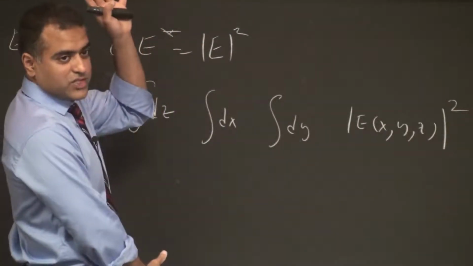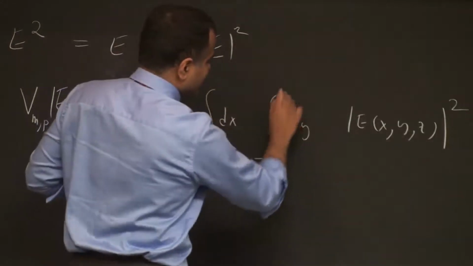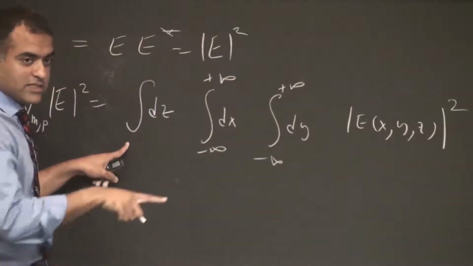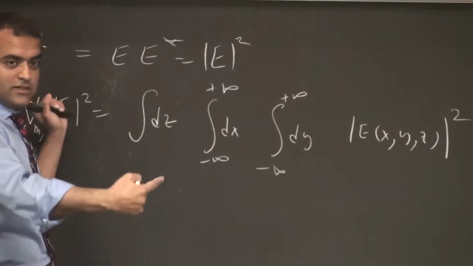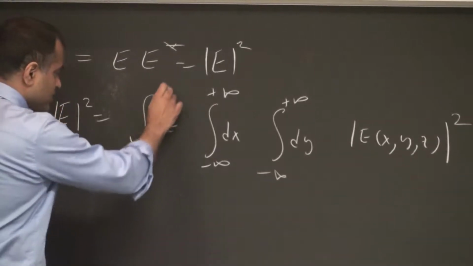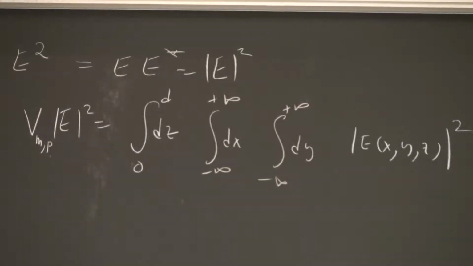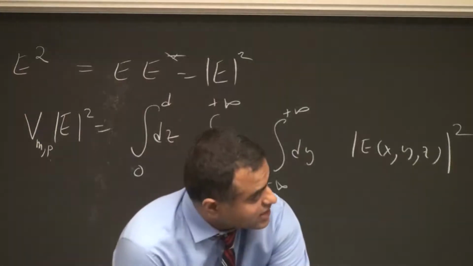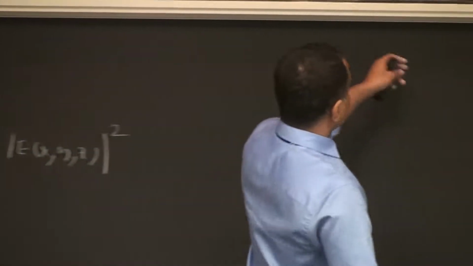What are we going to integrate over? y is the lateral dimension, the entire axis, minus infinity to plus infinity. What about z? z is the longitudinal axis inside a laser, so 0 to d, the cavity length. So you do that, and what pops out from there is exactly what we wrote here.